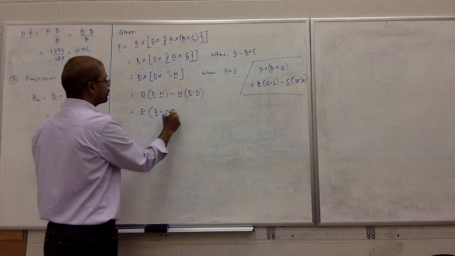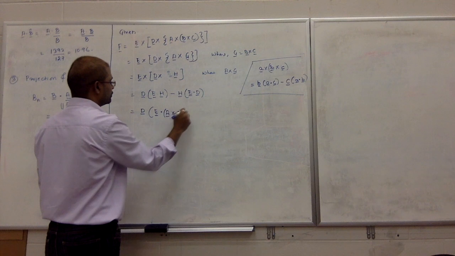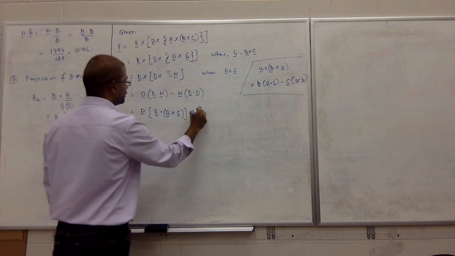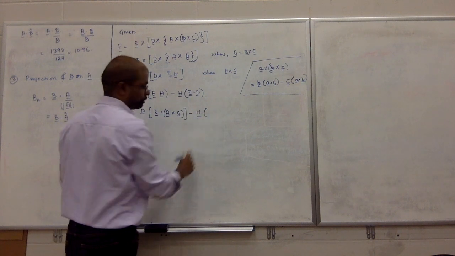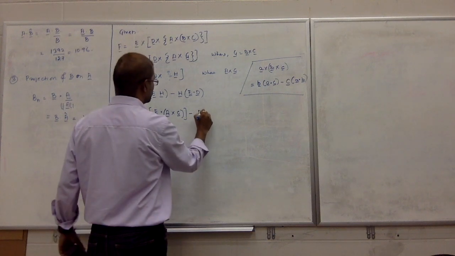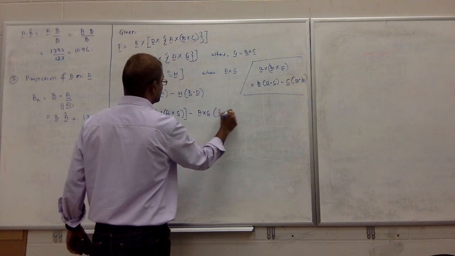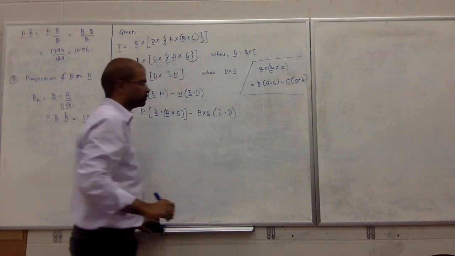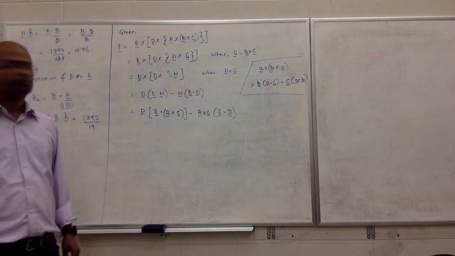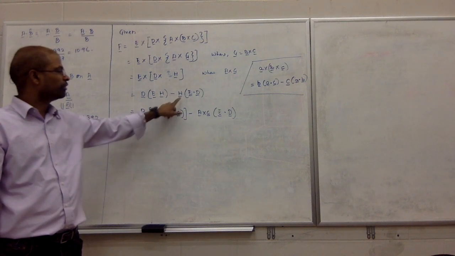A cross G. Okay? Minus H, sorry. What is H? A cross G. E dotted with D. Got it? I've just replaced H here and here.